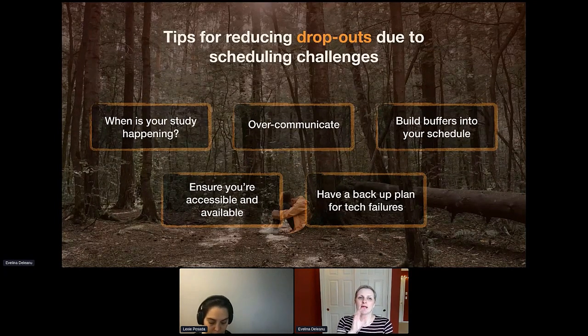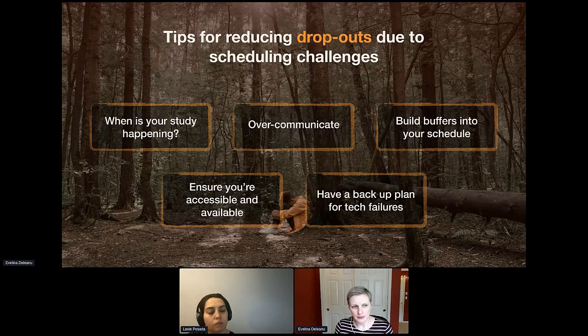You have spent a lot of time and effort and cost to recruit people, to vet them and screen them. And we don't want to have people drop out of your study purely because there are scheduling challenges or logistic challenges that prevent them from actually coming up to your study and completing the study. So what are some of the things that you can do to make sure that the investment of resources that you've already made continues to pay off?